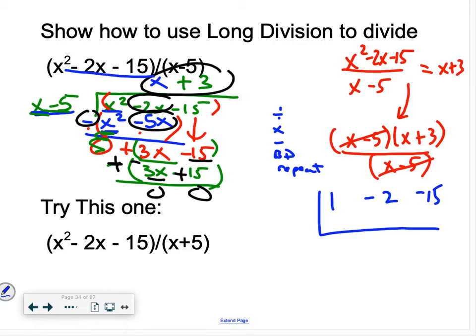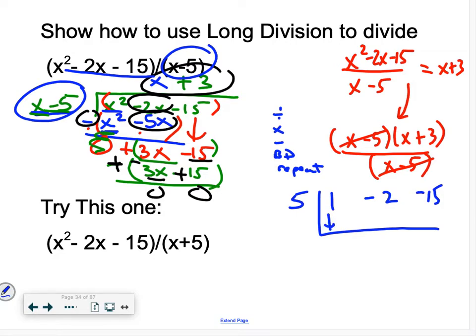But if I'm dividing by x minus 5, with synthetic division, I can just put the 0 out here, or the value that makes that divisor 0. So in this case, positive 5 would make the divisor 0.